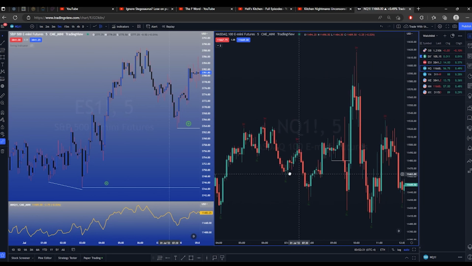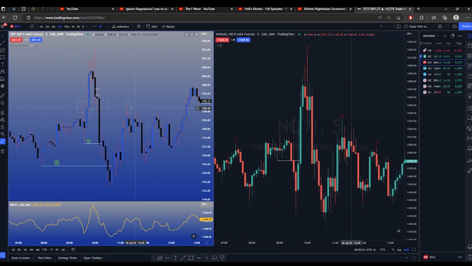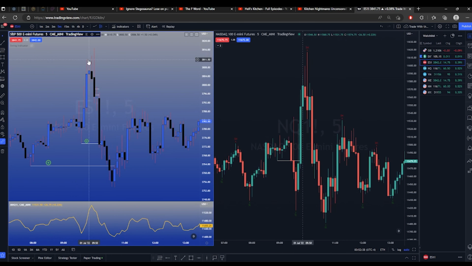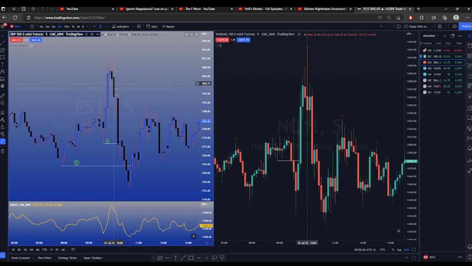But let's move over to the US session. So if you look right here, you could argue that you don't see any divergence. There's no divergence. This is the starting time for the US session.